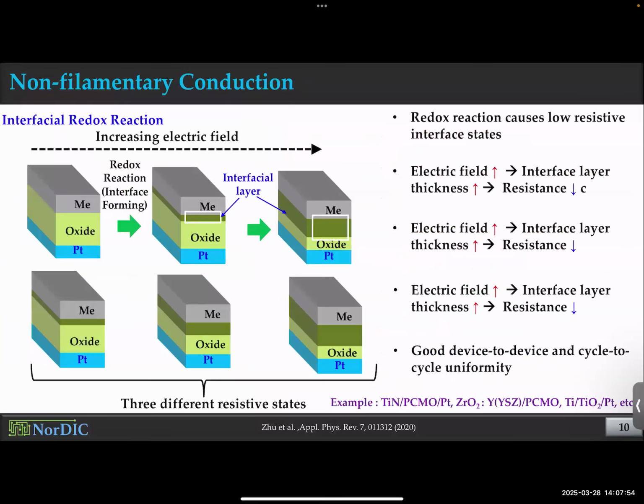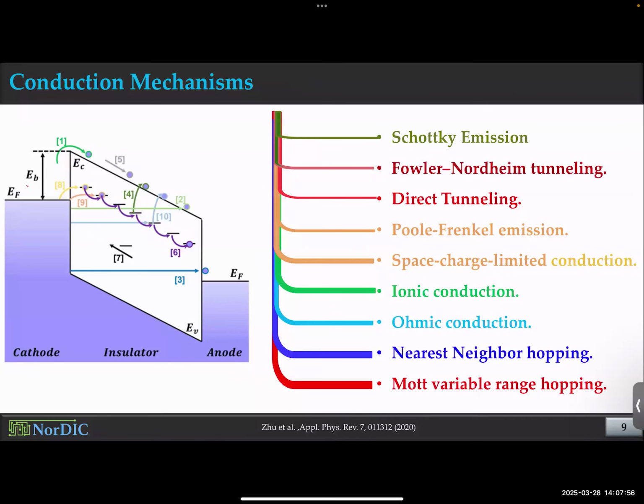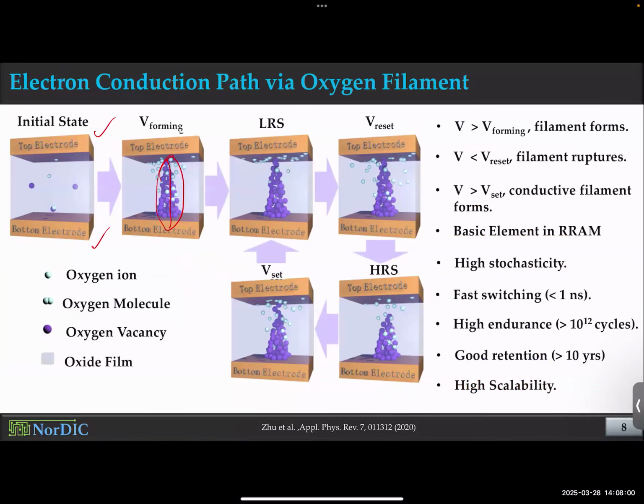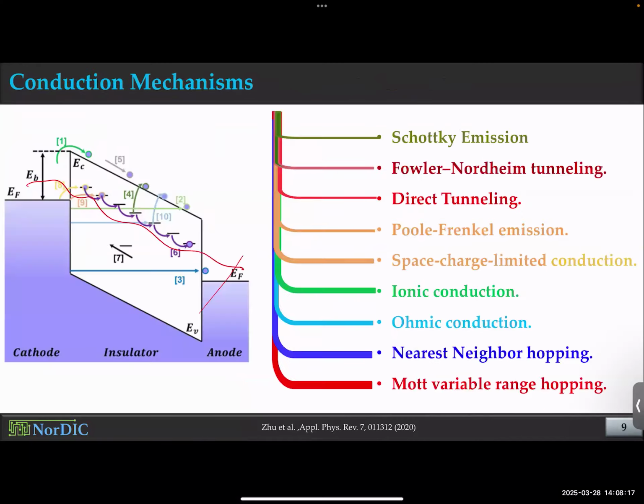And we talked about different physical mechanisms through which electrons can flow from one point to the other. It's not just one kind of tunneling. When you see metal and insulator, and you have current flowing through this device, the first thing that should come to your mind is tunneling. So yes, there is a lot of tunneling involved, but that's not the only mechanism. There are other mechanisms, including hopping and so on, involved in this process.